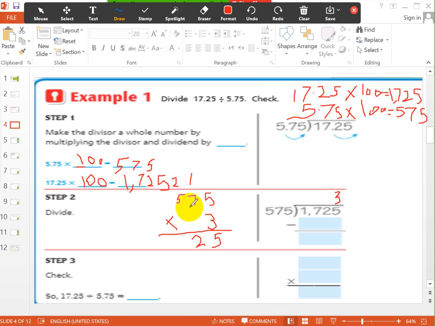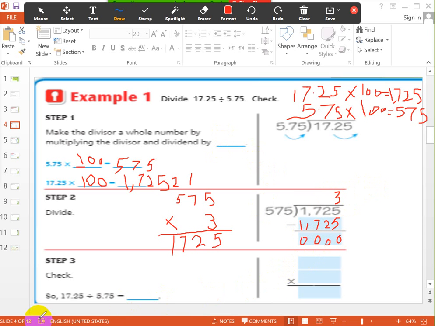Sorry, 3 multiplied by 5 equals 15, plus 2 equals 17. So look, I have the same answer: 5, 2, 7, and 1. If you subtract those numbers, it will be 0. Okay? So the quotient right here is 3.